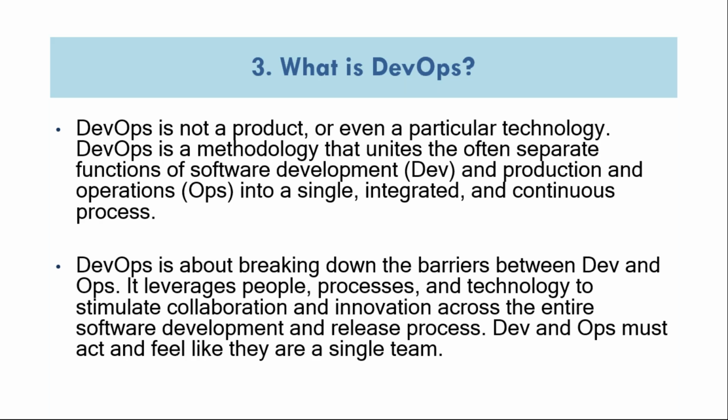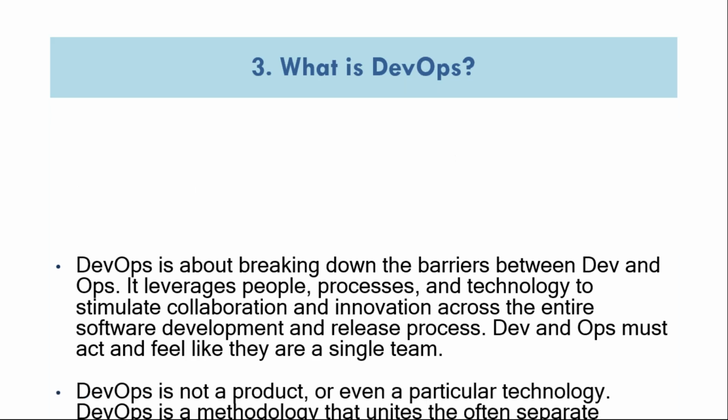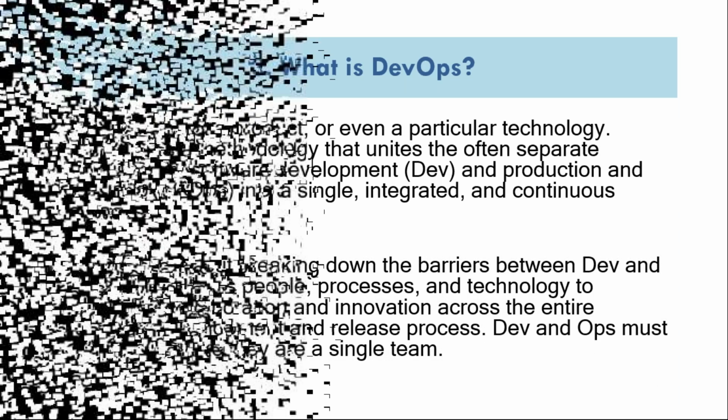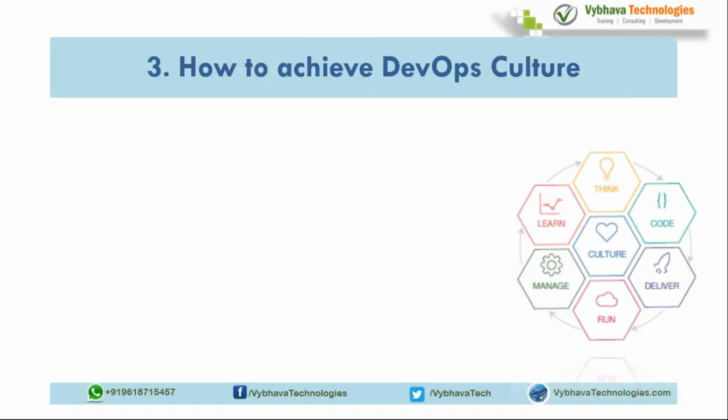If you are working on one Docker structure or image, you always look for a better option, how to reduce the size, how to make the microservice much faster. So the entire software development and release process will be focused here. And DevOps must act and feel like a single team. They are not two teams. They are completely a single team. Okay, so that is about what DevOps is, and we have more points about DevOps here.